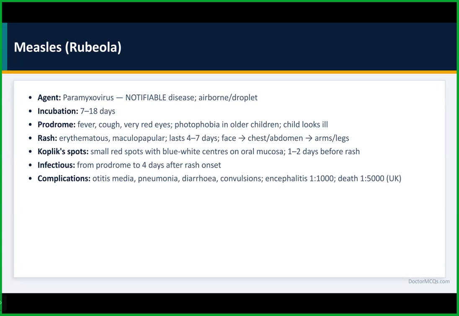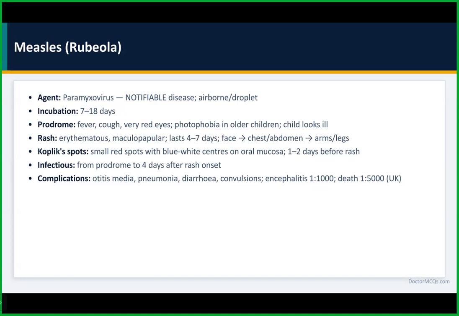In measles, or in other words rubeola, it is caused by a paramyxovirus, and it is a notifiable condition in some regions. Incubation is 7 to 18 days. The patient might start having fever, cough, and red eyes. So there is a triad of cough, coryza, and conjunctivitis in measles, and sometimes photophobia in older children.